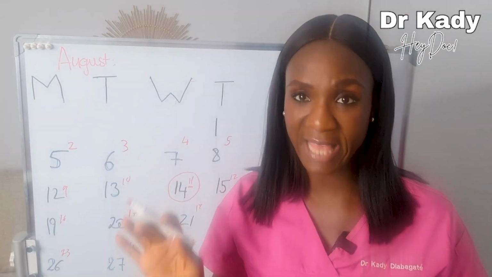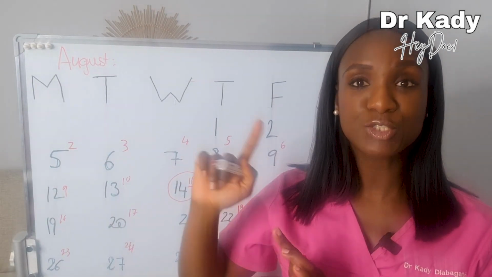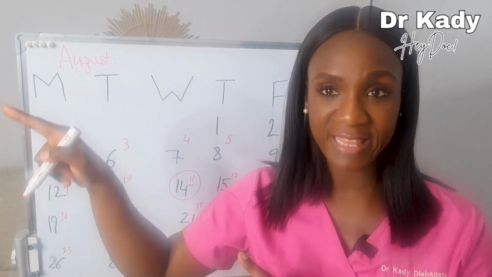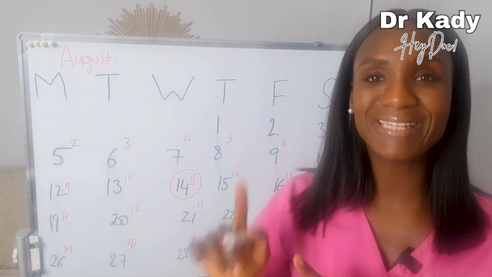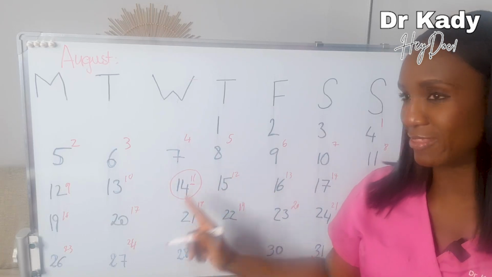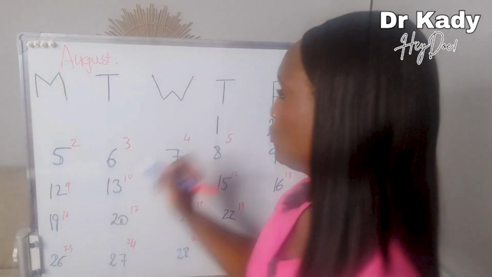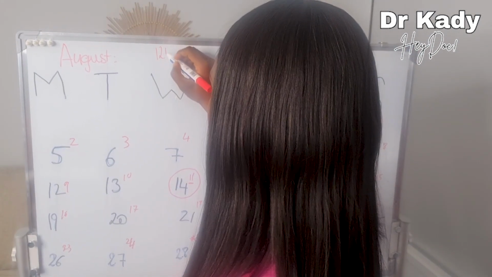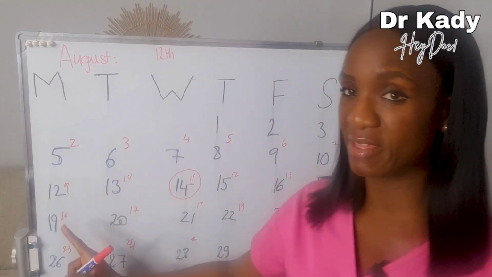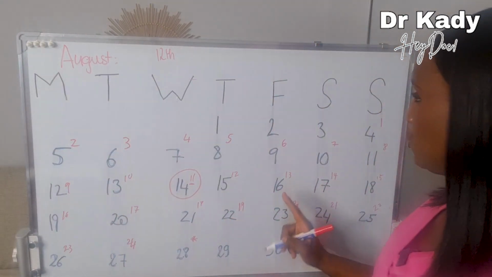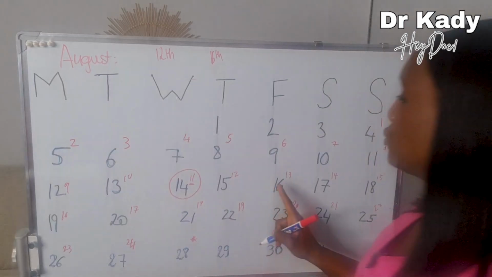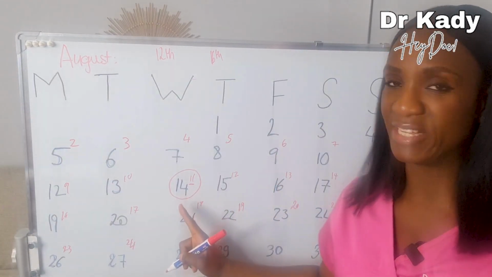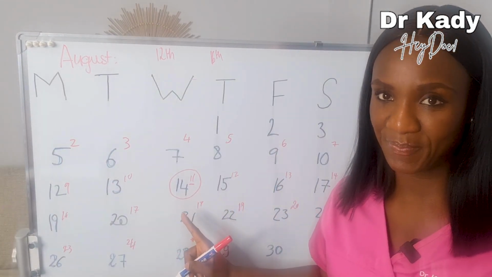So we're going to play it safe and we're going to calculate 2 days before the expected date of ovulation and 2 days after that day. 1, 2. The 12th is 2 days before. 1, 2. And the 16th is 2 days after our expected ovulation day.